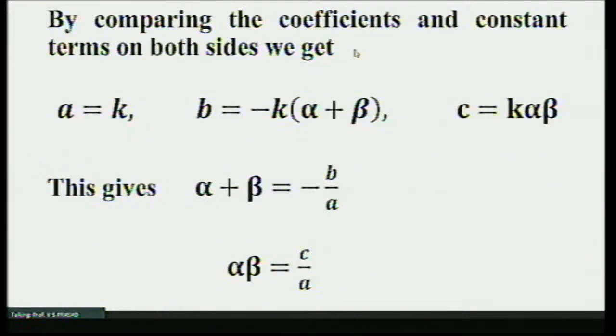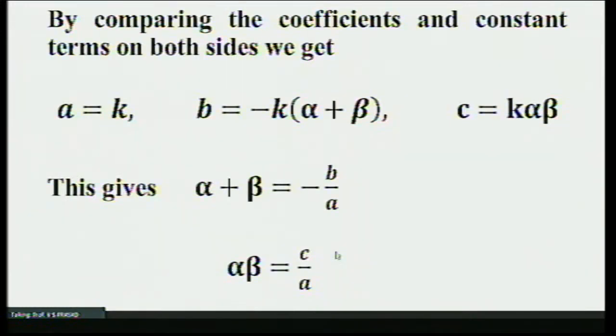Then by comparing the coefficients and constant terms on both sides, we will see that a is nothing but k, b is equal to minus k times (alpha plus beta), and c is equal to k times alpha into beta. This gives alpha plus beta equal to minus b divided by k, meaning minus b by a, where a is equal to k, and alpha into beta is equal to k alpha beta divided by a, meaning k gets cancelled, c divided by a.